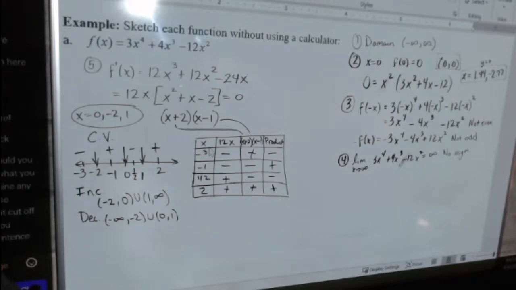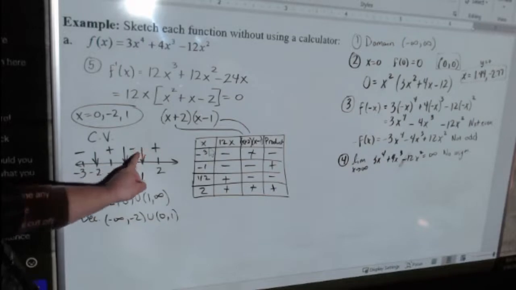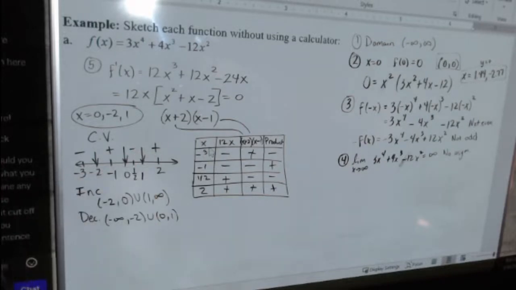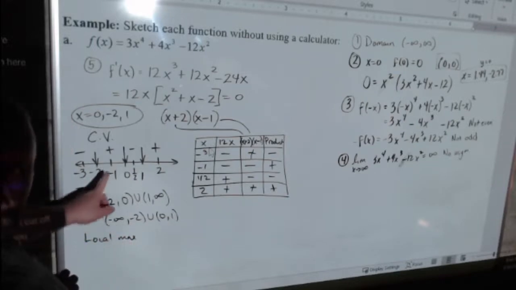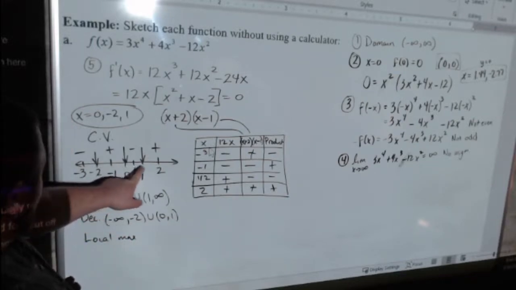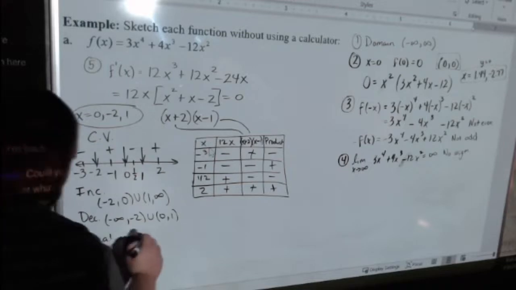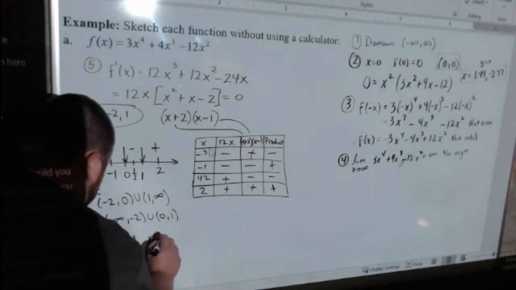The other thing that we can get from the first derivative test is where there's a change in sign. Those are local max and mins. So from minus to positive, that's a local min. So local max, I've got from when a positive goes to a negative. So that occurs at x equals 0.